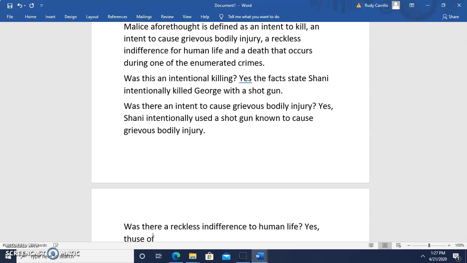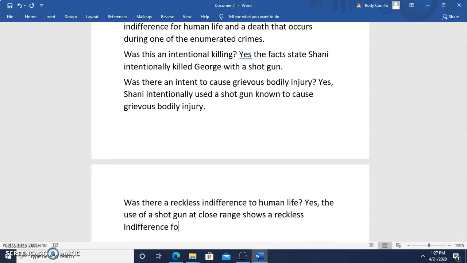The use of a shotgun at close range shows a reckless indifference for human life.